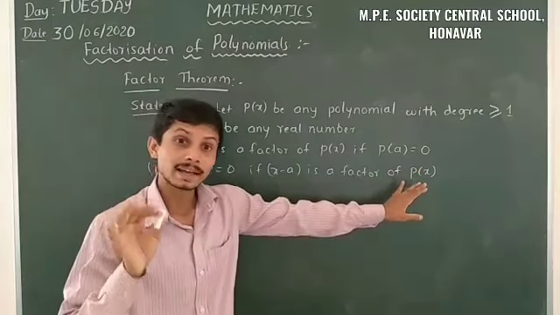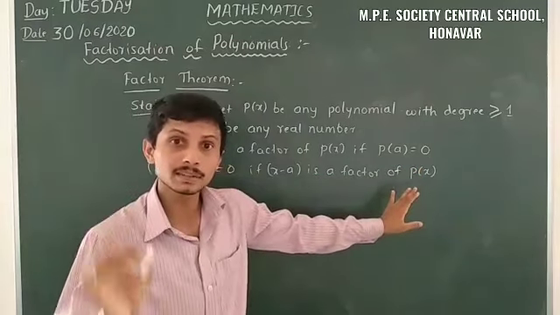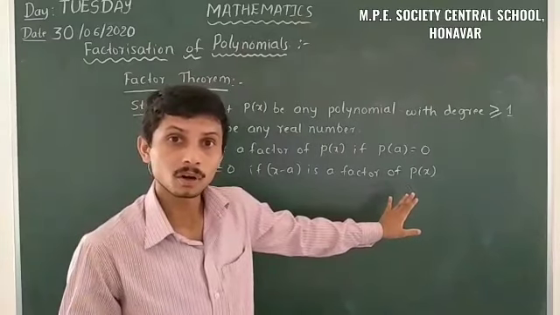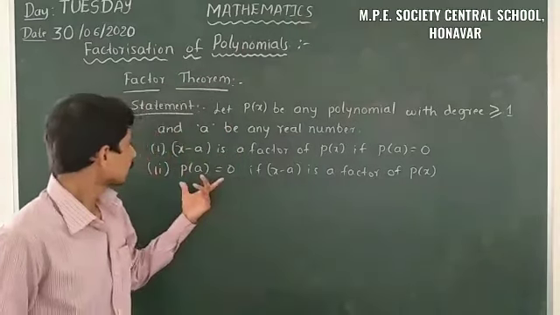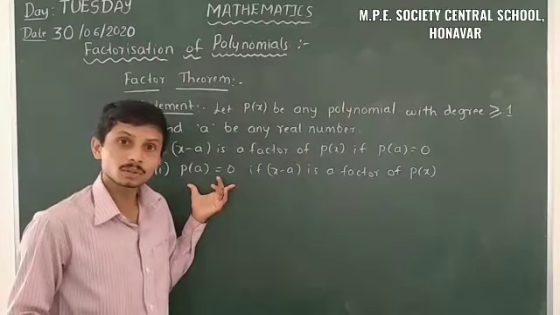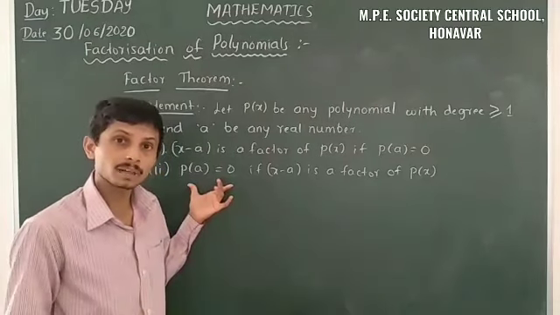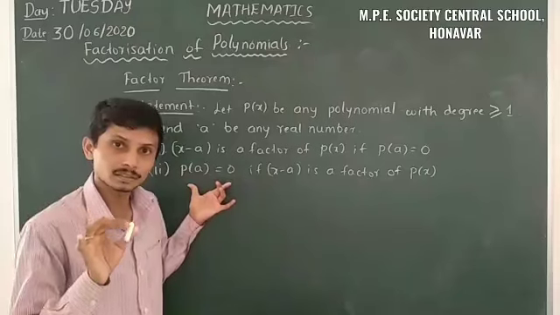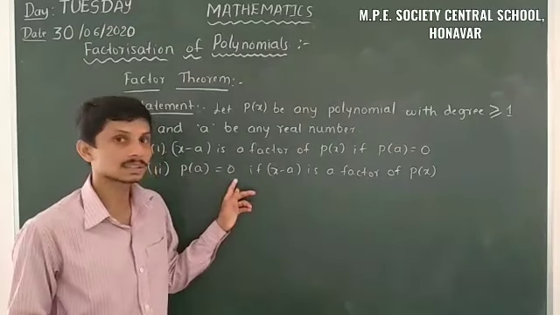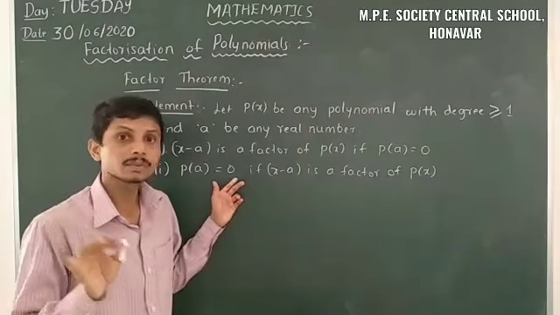That means p of x is completely divisible by x minus a. So again, if p of a is equal to 0, that means the polynomial is completely divisible by the divisor, that means the remainder is 0.